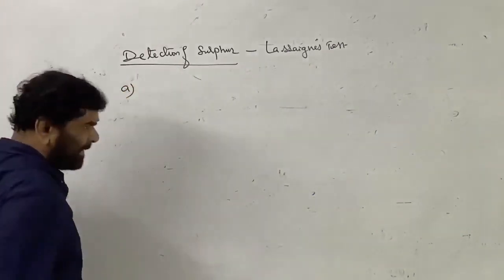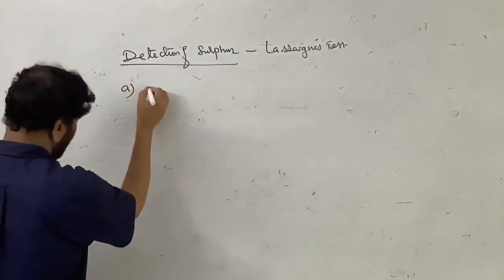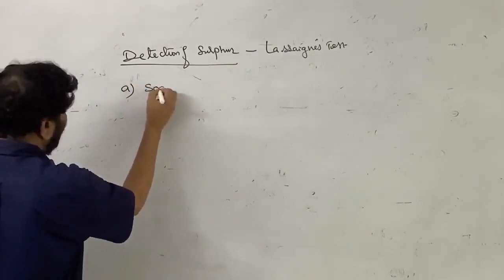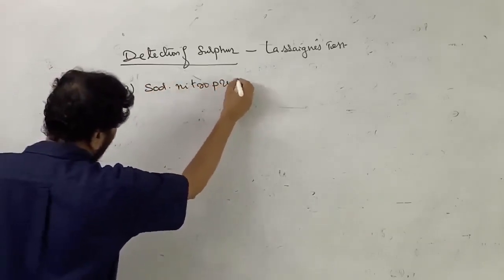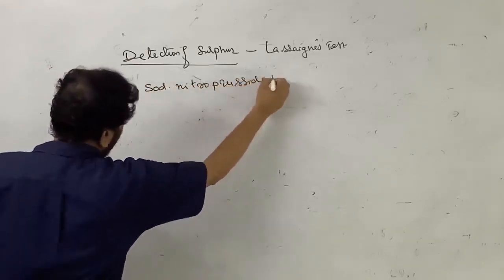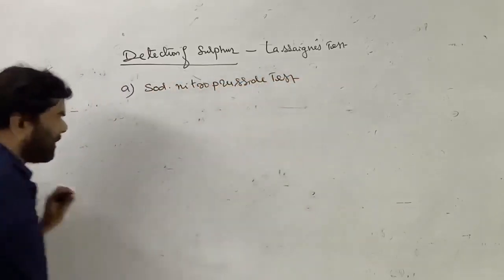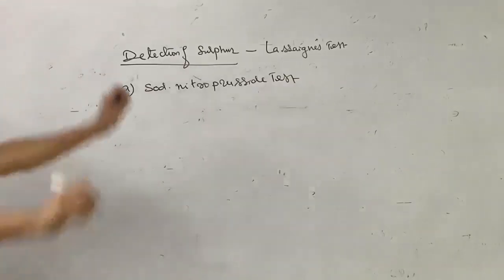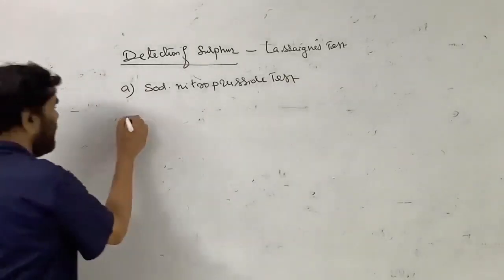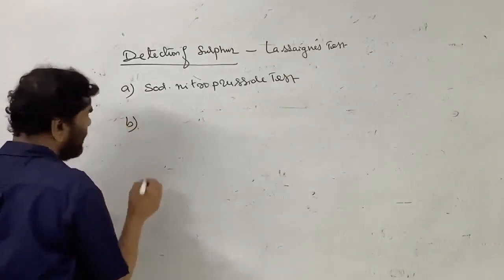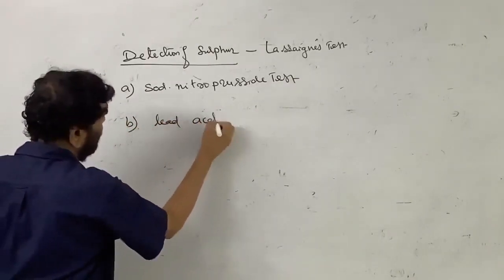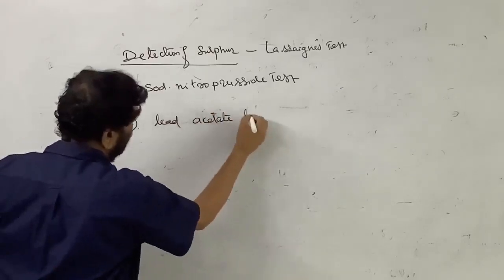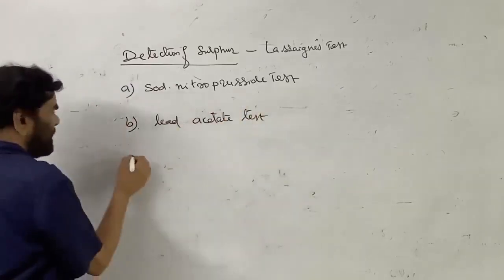A, that is the sodium nitroprusside test, or just the nitroprusside test. B, that is the lead acetate test.